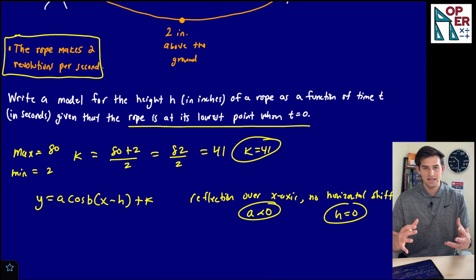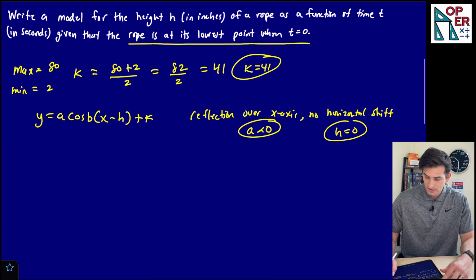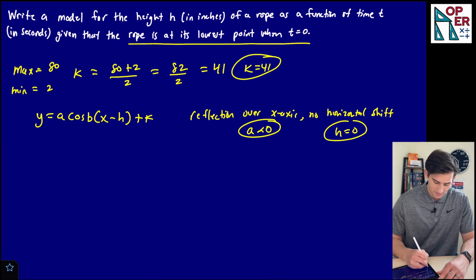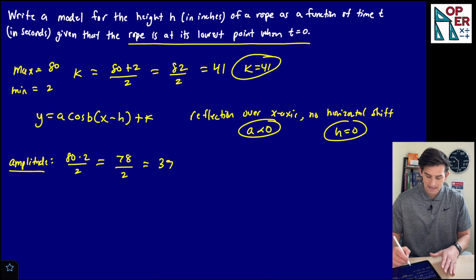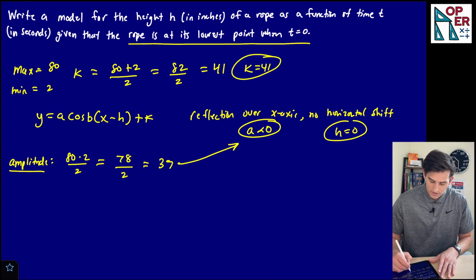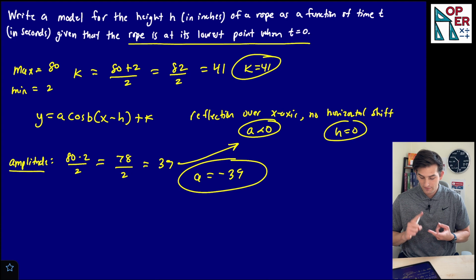So whenever we find a, we just need to make it opposite, okay? All right, so speaking of finding a, let's go ahead and do that. That would be our amplitude. Okay, so for amplitude, we're going to take our maximum and minimum and actually subtract them and then divide by 2. So here we're going to do 78 divided by 2. And that's going to give me 39. And we said that a needs to be less than 0. So let's say that a is equal to negative 39. Okay? So now we have a, we have h, we have k.